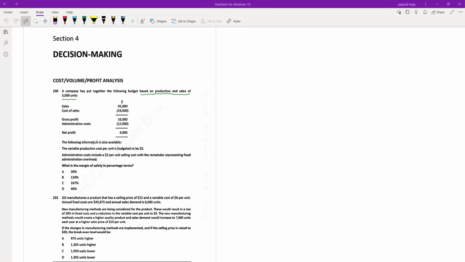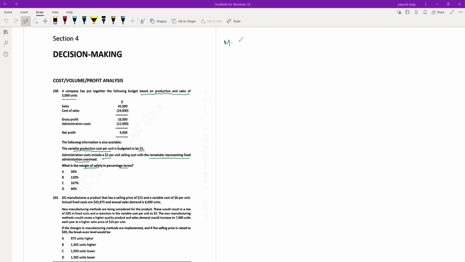The following information is also available. Variable production cost per unit is budgeted to be $5. Administration cost includes $2 per unit selling cost and the remainder representing fixed administration overheads. What is the margin of safety in percentage terms?